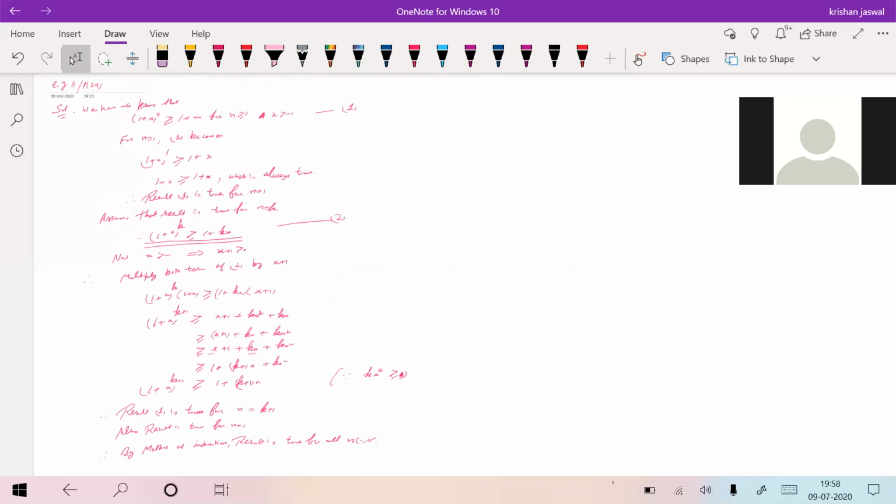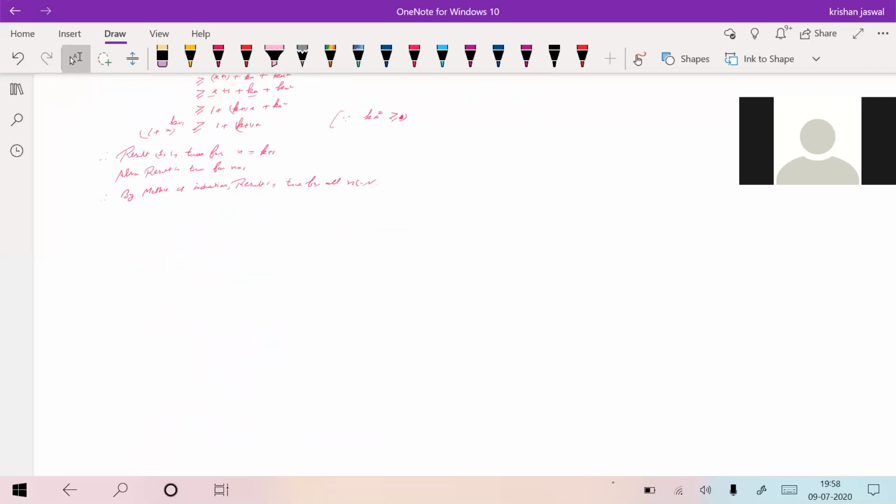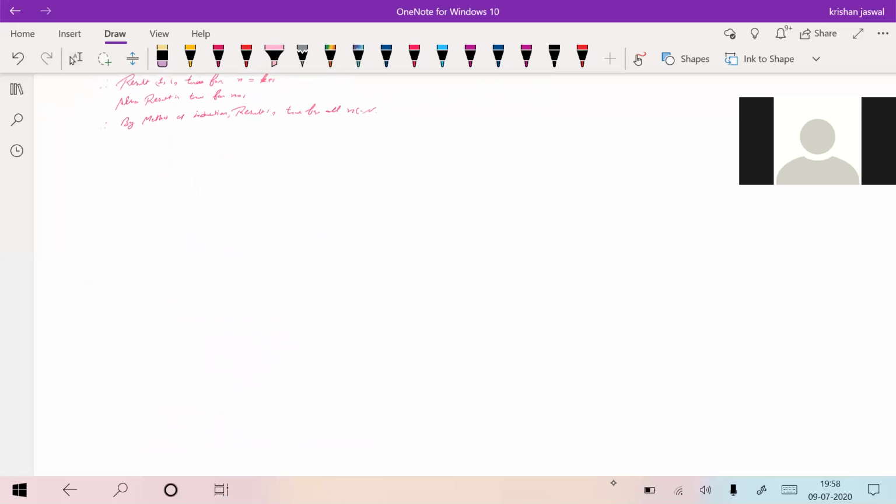Take screenshot. Yes, sir. Now the last example, number 12. Show by the method of induction that 1 plus 2 plus 3 and so on up to n is less than 1 over 8 into 2n plus 1 whole square, for all n belongs to natural numbers.